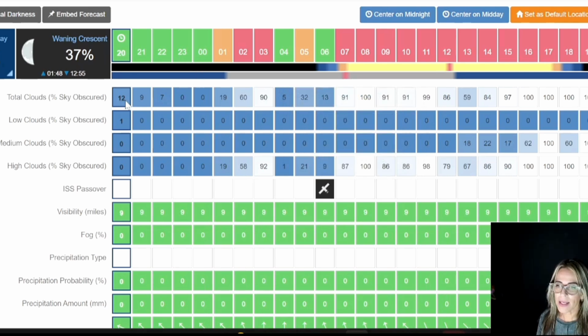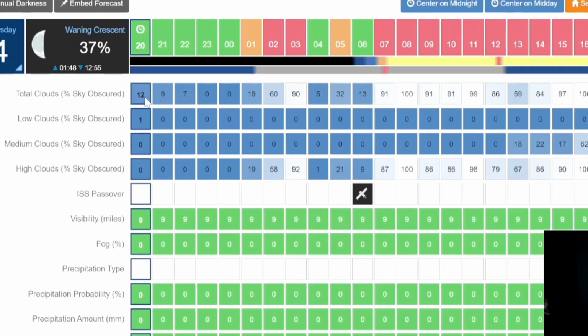And here I am with the blue, 12%, 9%, 7%, 0% at 11 p.m. That looks really good. So tonight is going to be actually a good night for astrophotography for a short period. I would say probably for these 3 or 4 hours right here.